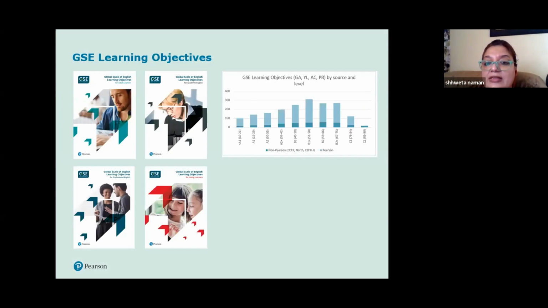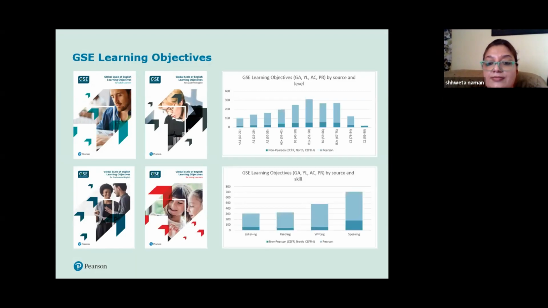And you can see the scale over here, that how do we gauge it. So all these GSE learning objectives are available for the teachers and the institutes, so that we can map the knowledge and the curriculum and the courseware according to the Global Scale of English.